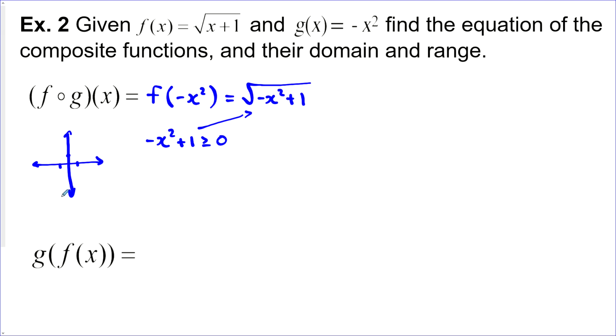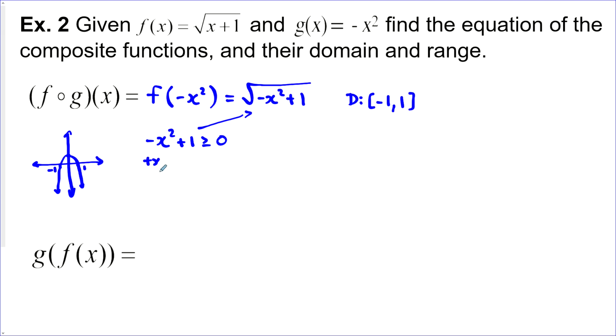It's got x-intercepts at -1 and +1. Where is this quadratic greater than or equal to 0? Well, in between -1 and +1. So the domain for this would be -1 to +1.